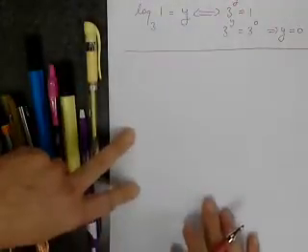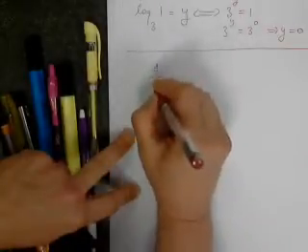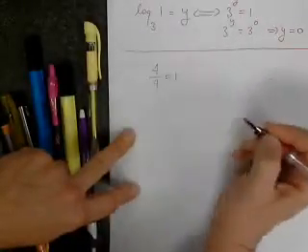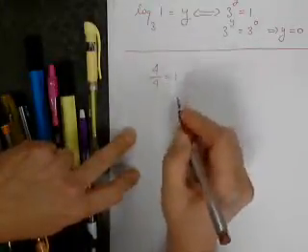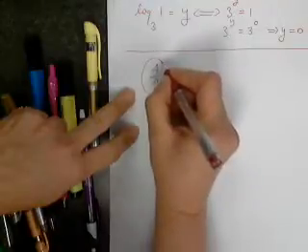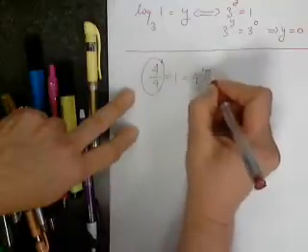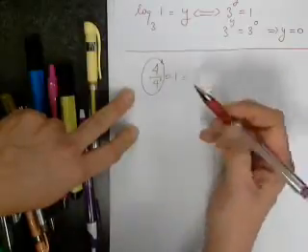Would you agree that 4 divided by 4 is 1? Yes. Well, this can be rewritten as 4 raised to 1 minus 1. Right?